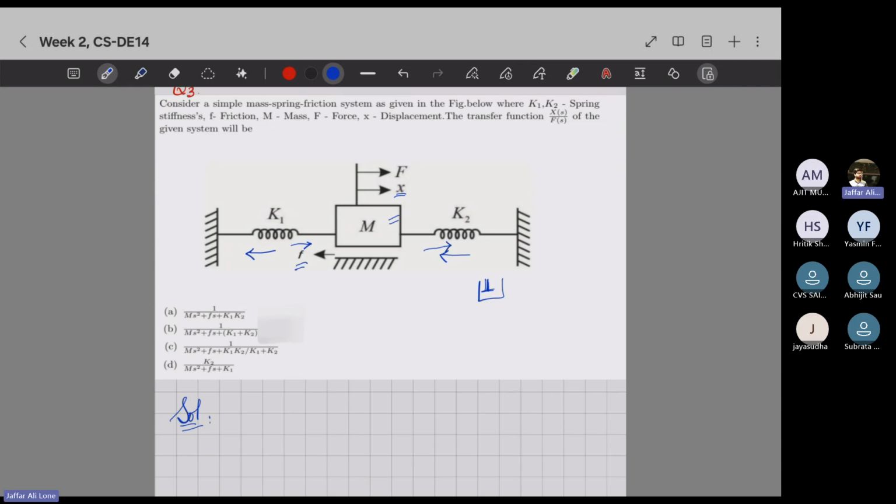So whenever I have to take the effect of K1 or K, it will be Kx. And if it is f, it will be f dx over dt because it's acting as a damper. Then you have mass, you know that is d2x over dt squared, and F is the force.